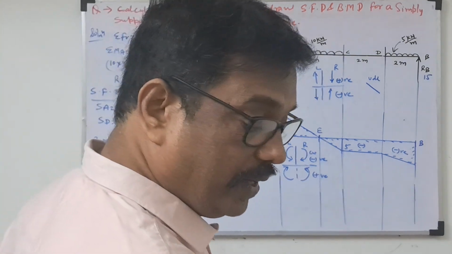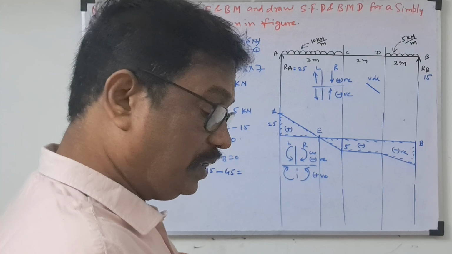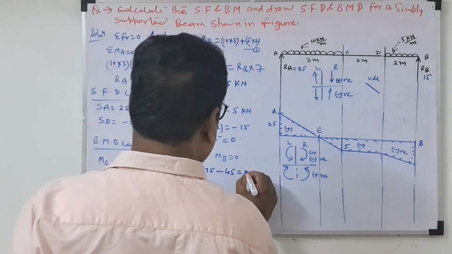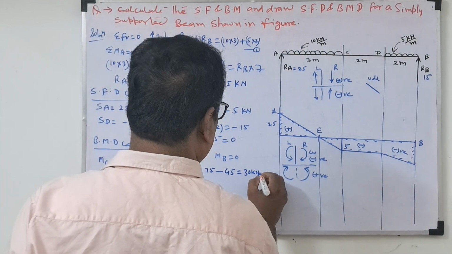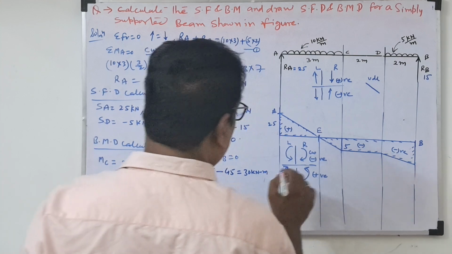So 75 minus 45 is coming 30. 30 kilonewton meter. Okay, because moment unit is kilonewton meter.